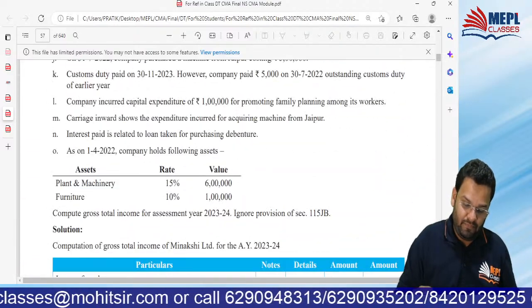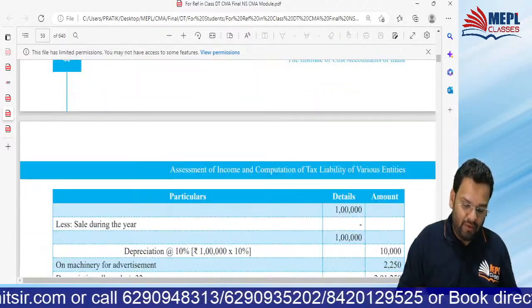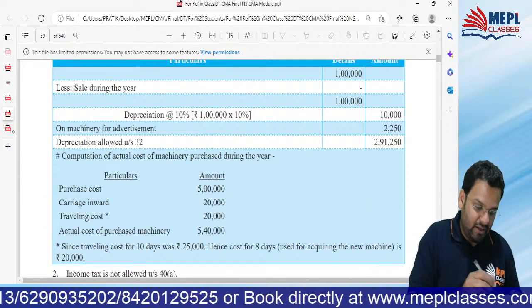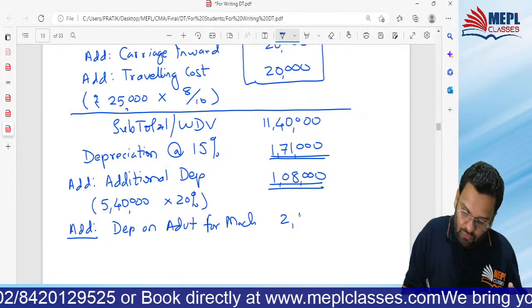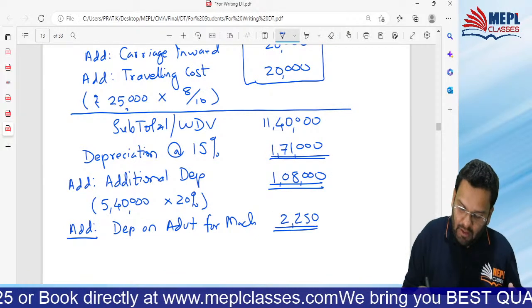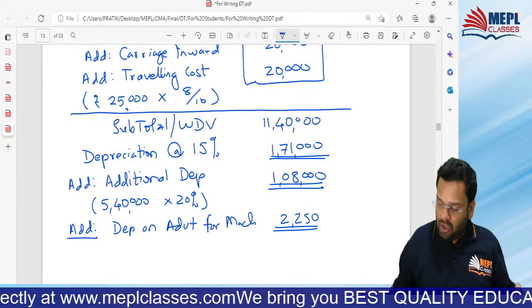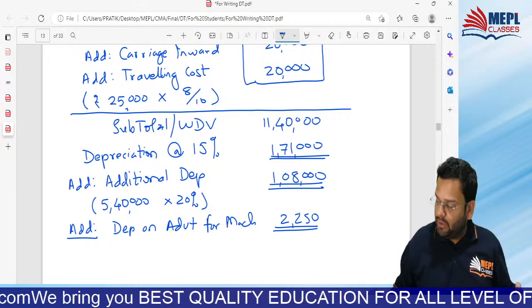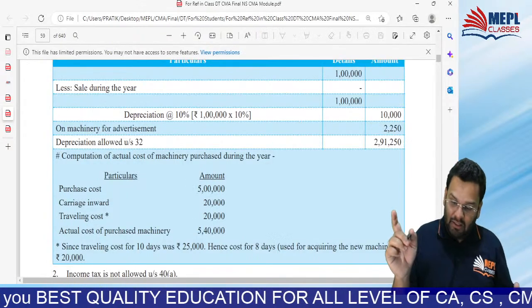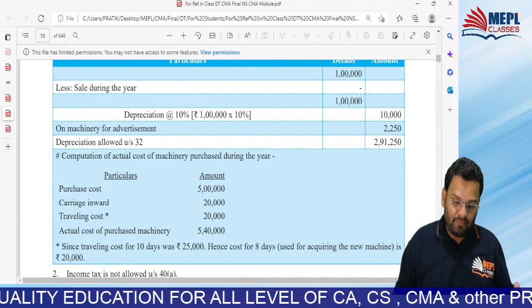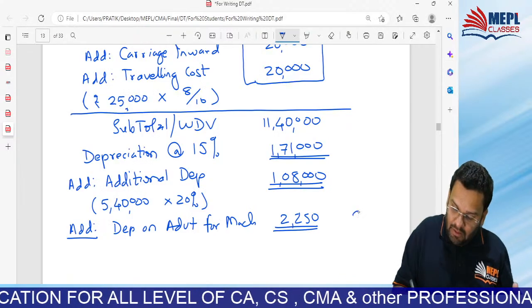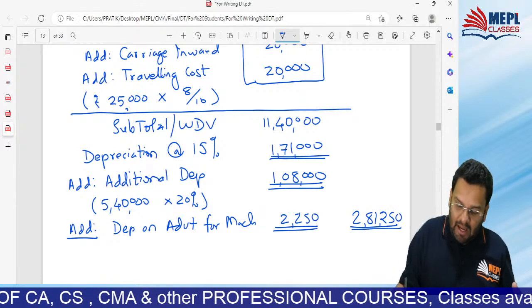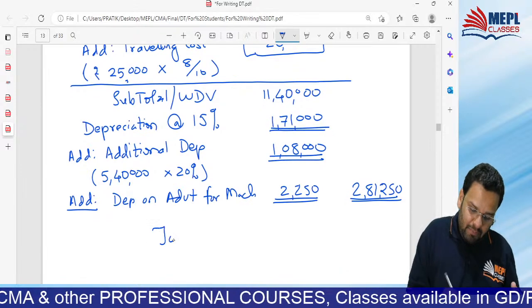Yes. So please take that 2250 also. And then take total of depreciation for machine. It is going to be 2,81,250.